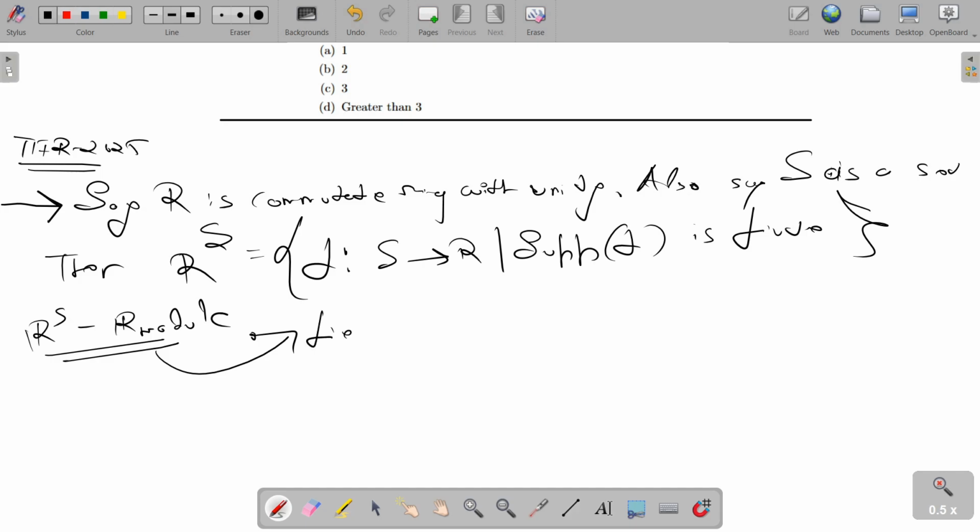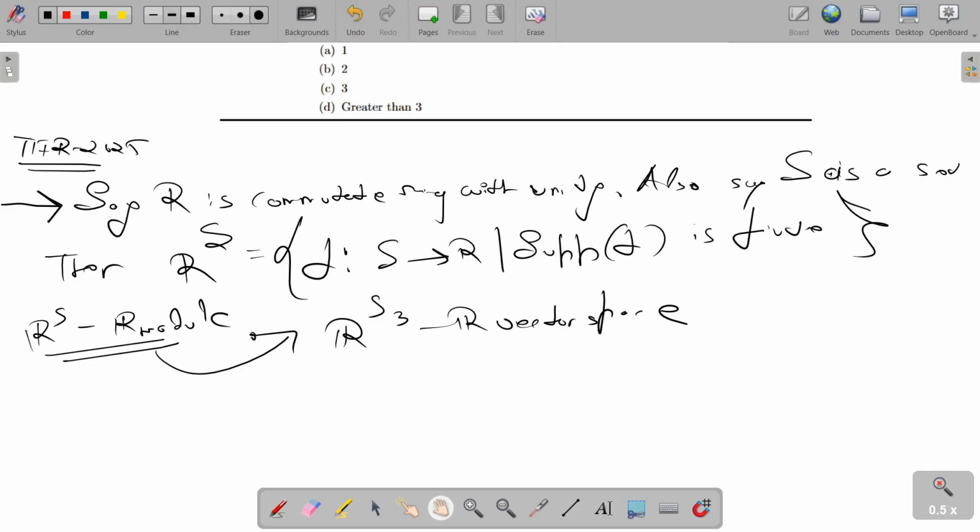Since R is a field, R to the power S3 will be an R vector space. If it was a general commutative ring with unity, it would have become an R module, but since R is a field, it is a vector space.